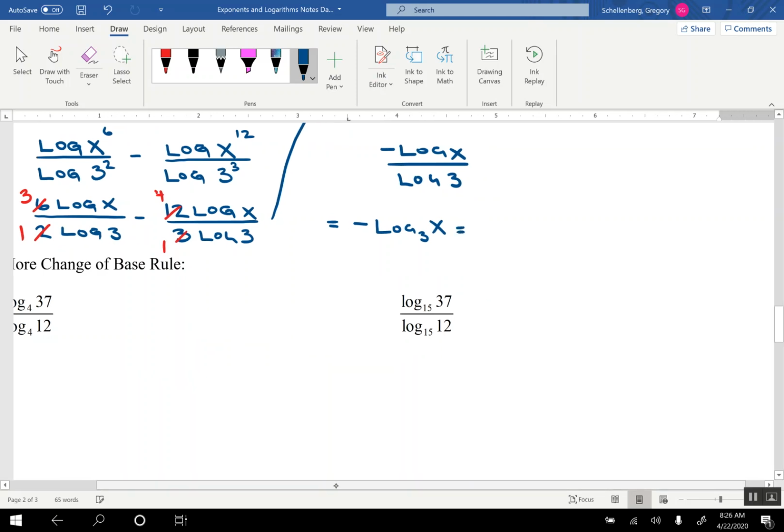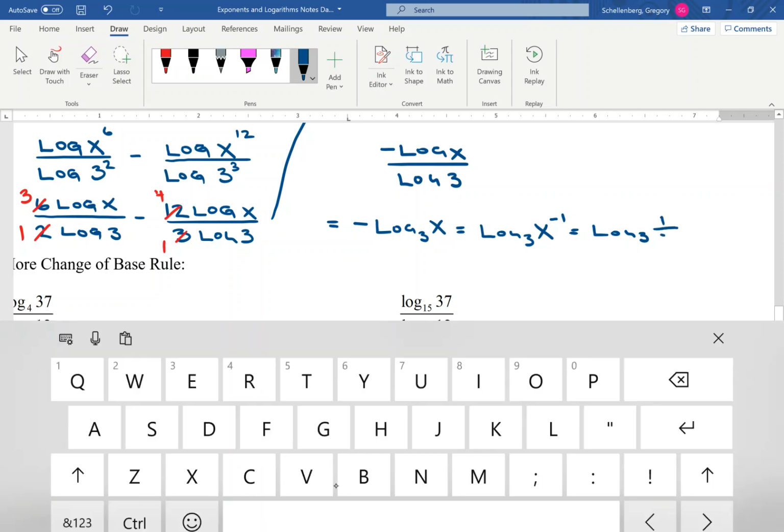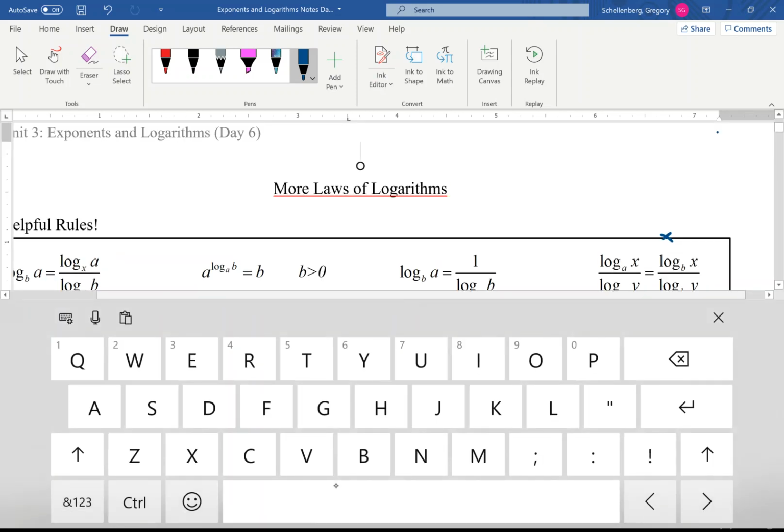I could also rewrite this as log base 3 of x to the power of, the coefficient was -1, so the exponent becomes -1. And I could also rewrite this as log base 3 of, well, what's x to the power of -1? 1 over x.